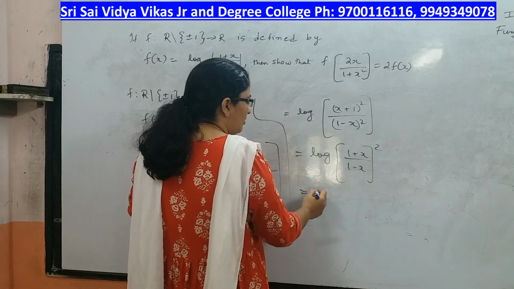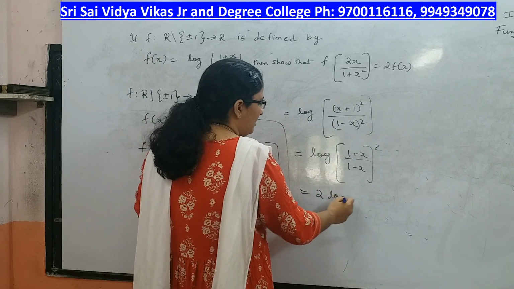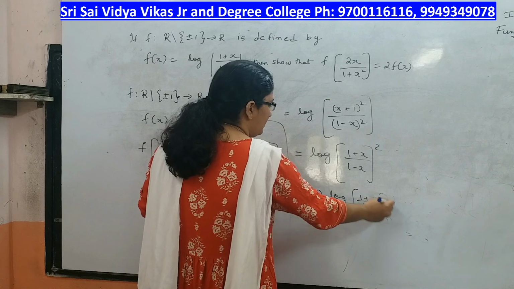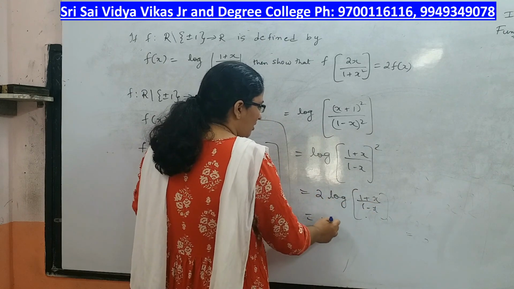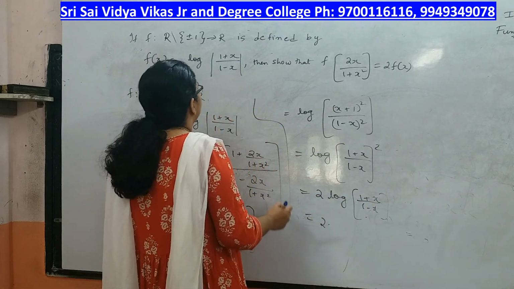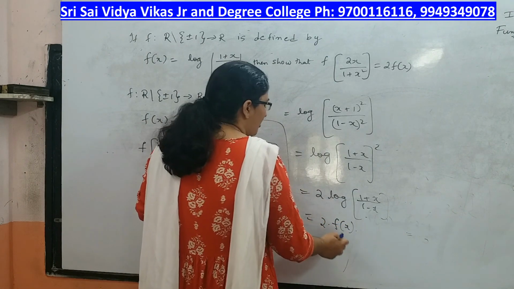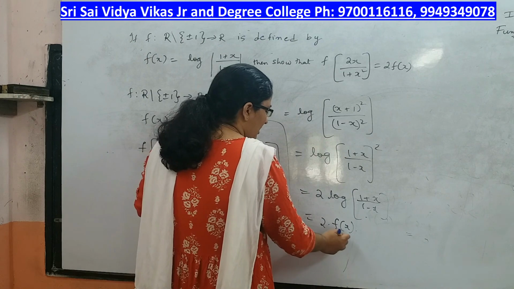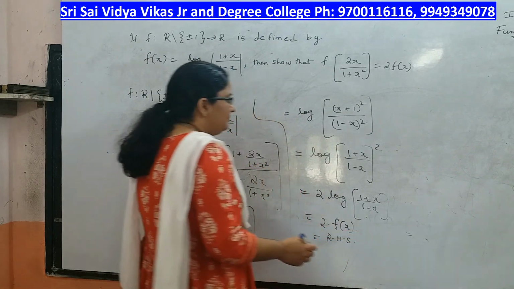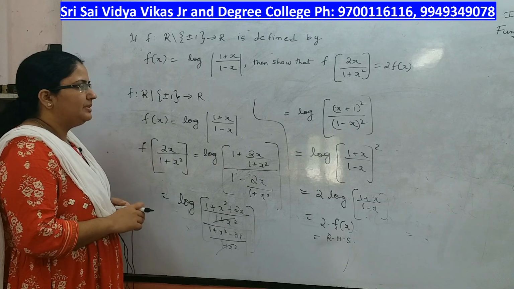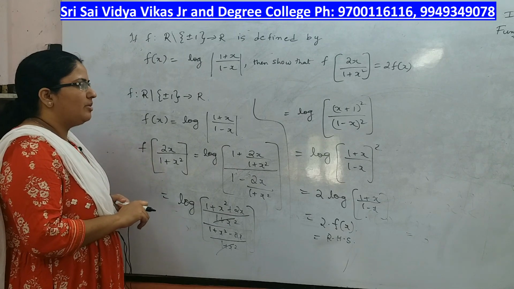Bring this 2 down, you have 2 log of 1 plus x by 1 minus x. 2 into log of 1 plus x by 1 minus x is what? F of x. So that will be 2 into f of x, which is equal to RHS. That's about this problem. We shall continue your next problem in the next session.